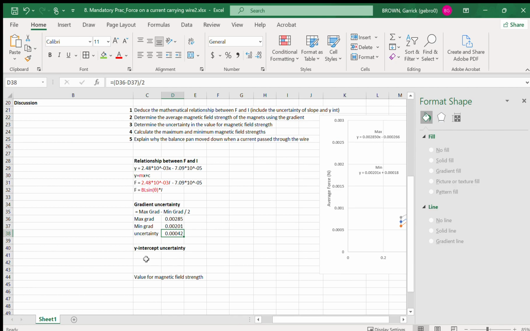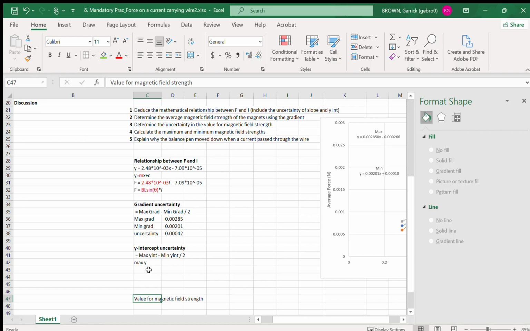we can continue on, do the y-intercept, which is similarly as here. It's the max y-int minus the minimum y-intercept divided by 2. So max y, min y.